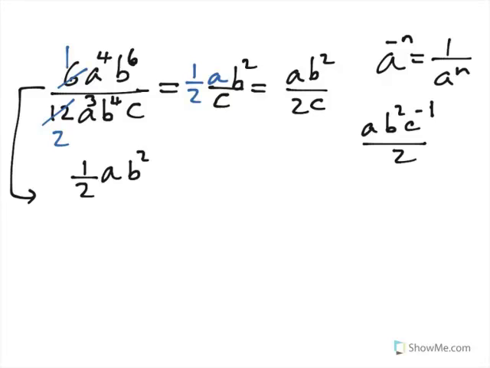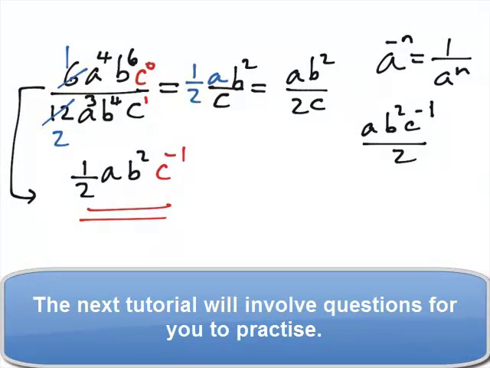Now I could sneak in a c to the power of 0 here, which is 1. And now I have a c at the top, I have a c at the bottom, subtract the powers, and you get a negative 1. Or you can write it as ab squared c to the negative 1 over 2.